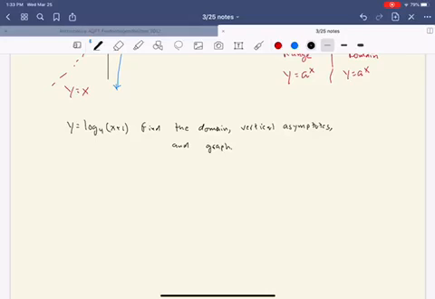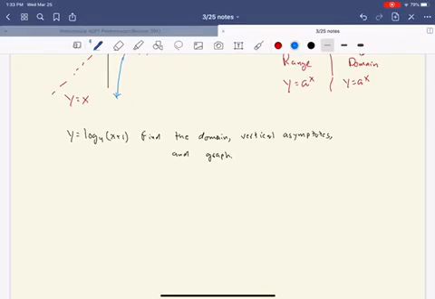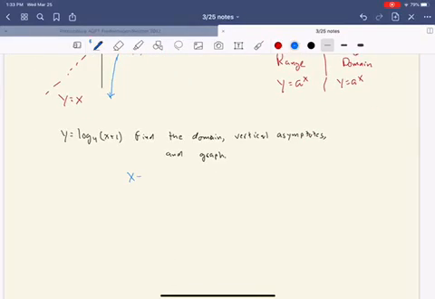Okay, so our domain. We're restricted here. Whatever goes inside the logarithm has to be bigger than 0. Okay, that's actually a new domain rule. Whatever goes inside the logarithm has to be bigger than 0. So x is bigger than -1. Okay, now x equals -1 is our vertical asymptote.